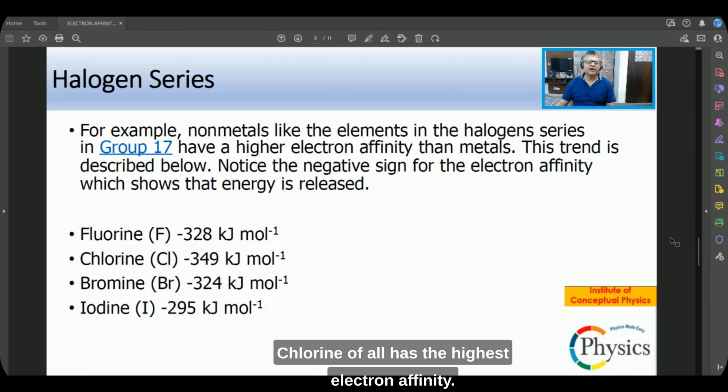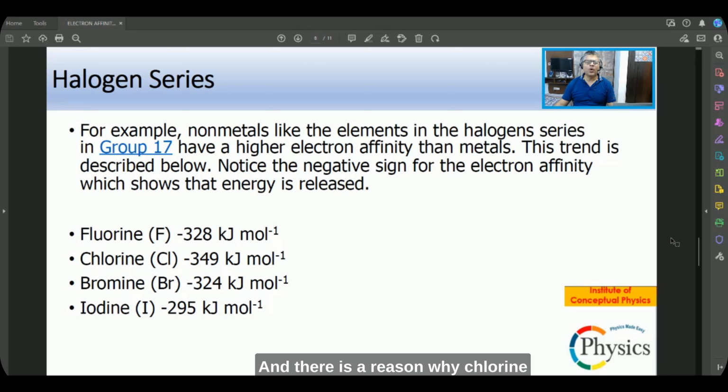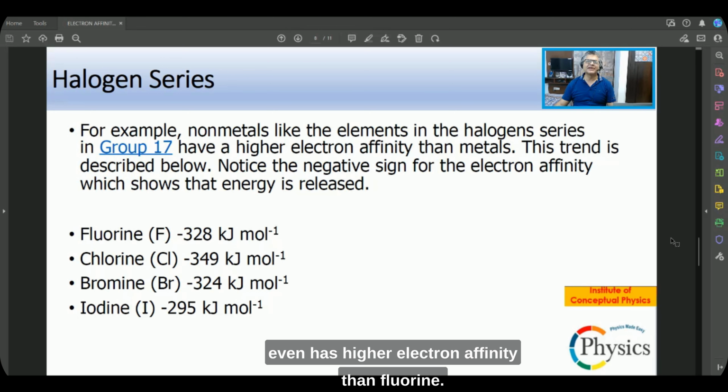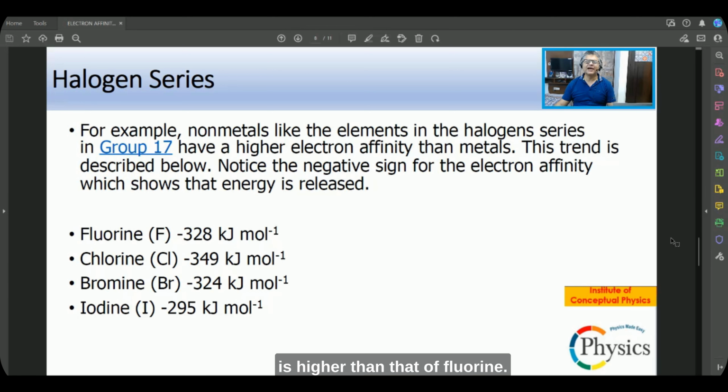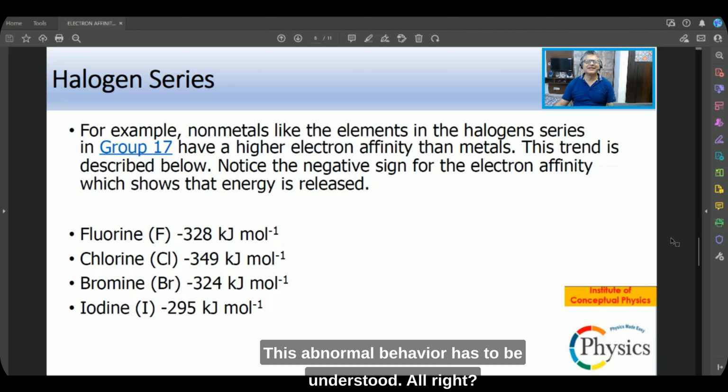Chlorine of all has the highest electron affinity. And there is a reason why chlorine even has higher electron affinity than fluorine. This is a very important question for you to do. Why is the electron affinity of chlorine higher than that of fluorine? This abnormal behavior has to be understood.